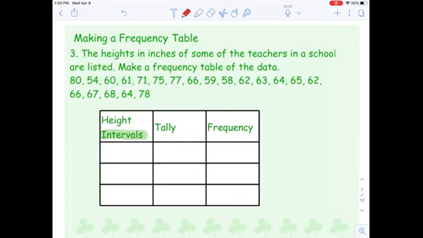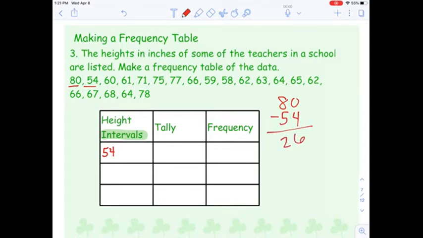So here I see that the highest value is 80. Then my lowest value is 54. So I need this to start at 54, and we have to get up to 80. So I'm going to find the range. I'm going to take 80 minus 54, and I'm going to get 26.